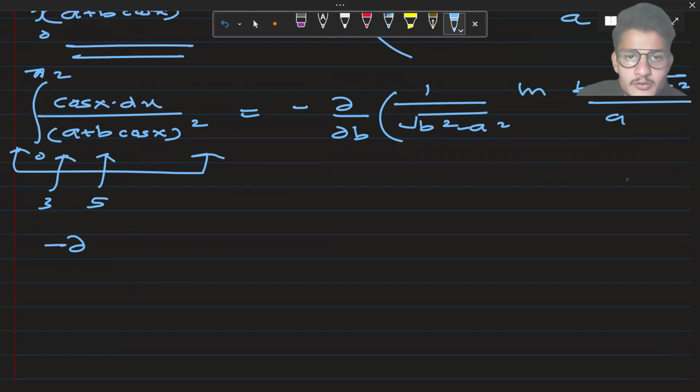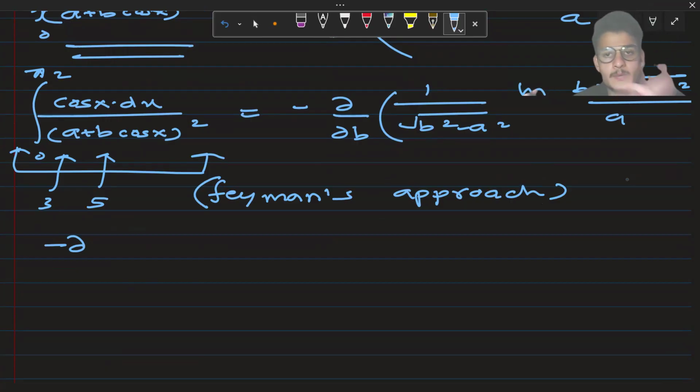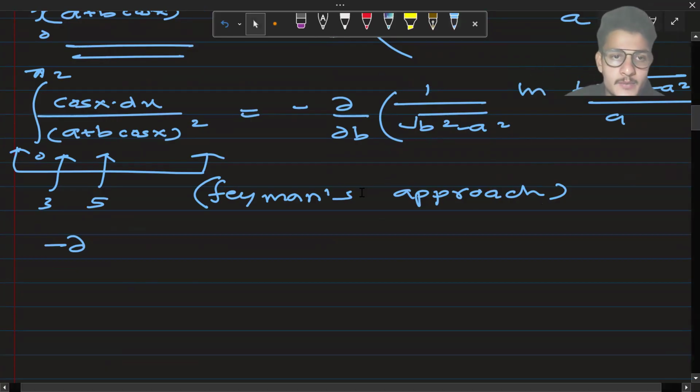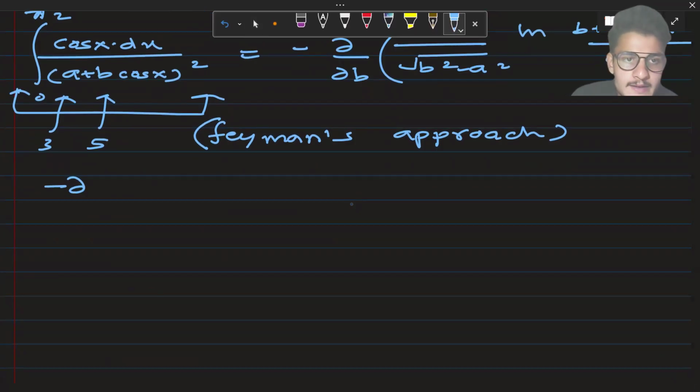This is also called Feynman's approach. Feynman's approach means integrating the function and also differentiating it, so both things come. When an integral is differentiated with respect to any variable, it is called Feynman's approach.